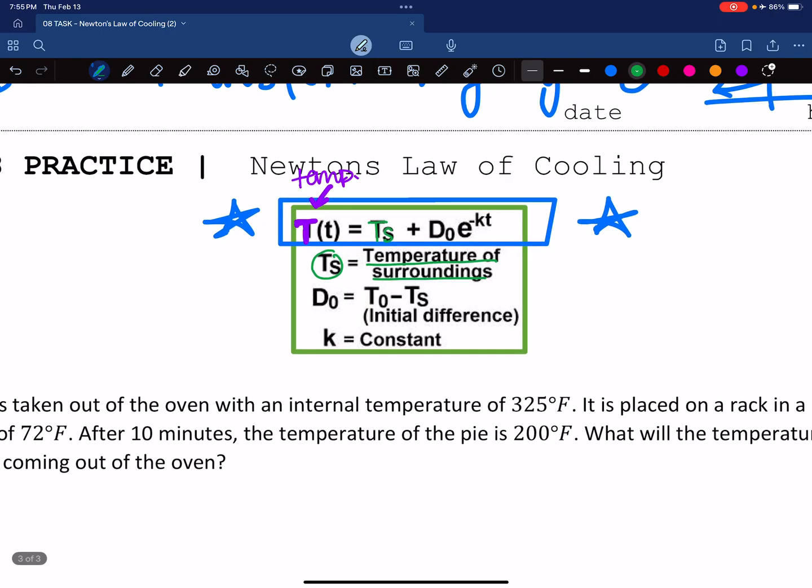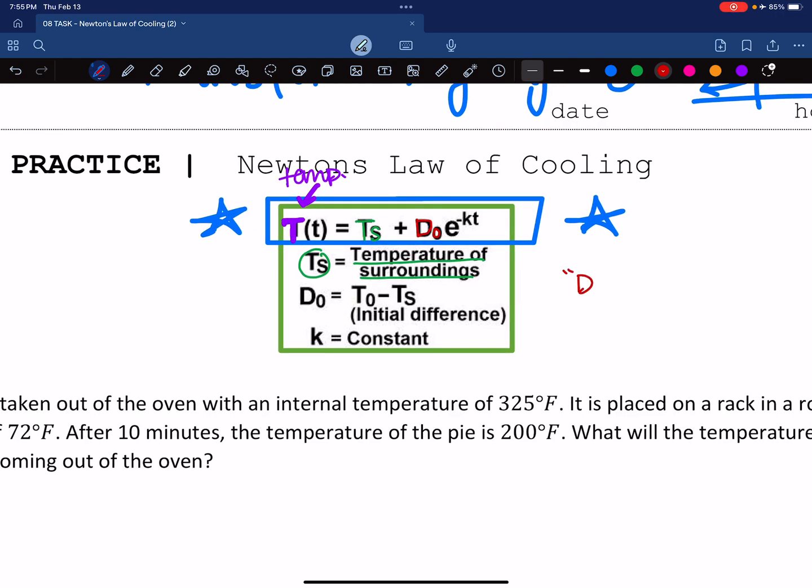And then there's the coefficient. It's right here, D sub 0. D naught is how we might say that. What this number is, it's the coefficient on our exponential term. And D stands for difference.